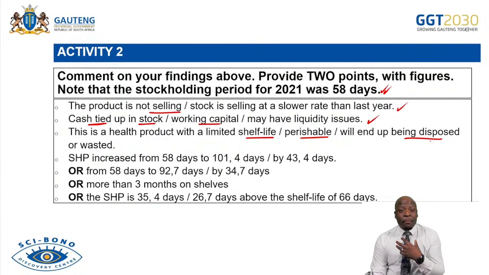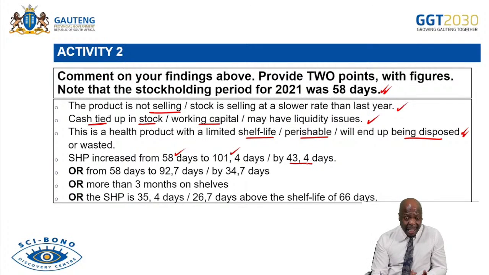And being ethically right, a business applying good ethics will not sell such a product. So we have to dispose of it once it has reached its sell-by date. So we can say the stock holding period increased from 58 days to 101.4 days. In other words, it has increased by 43.4 days.